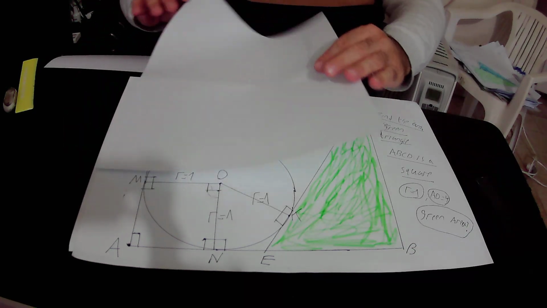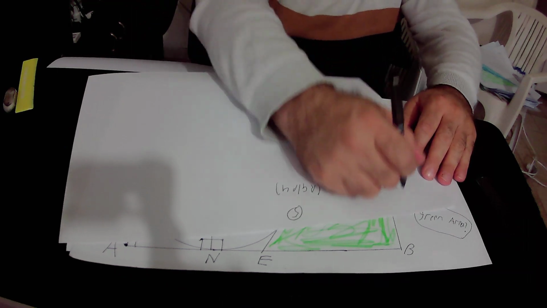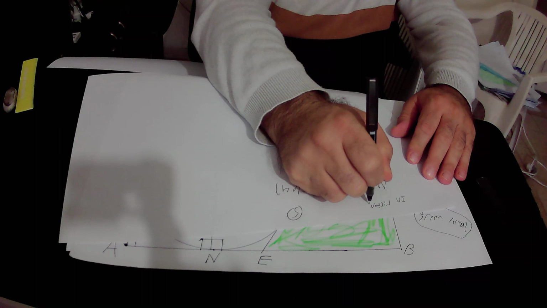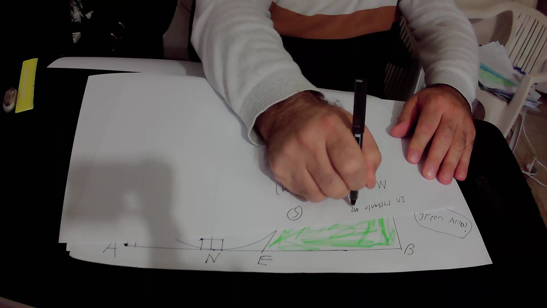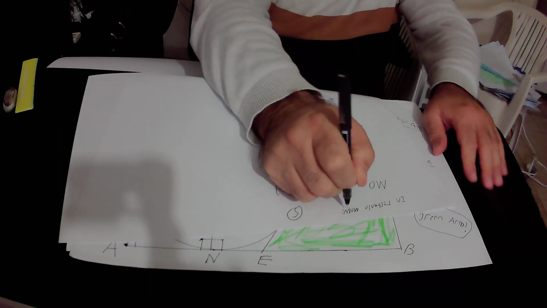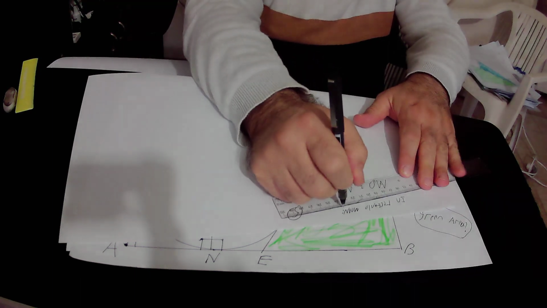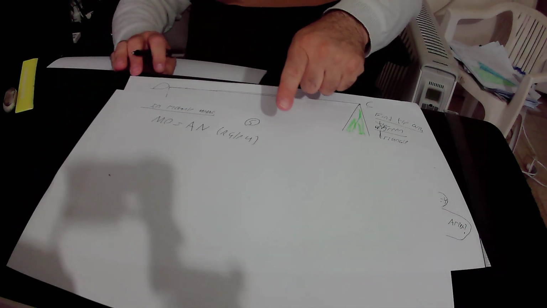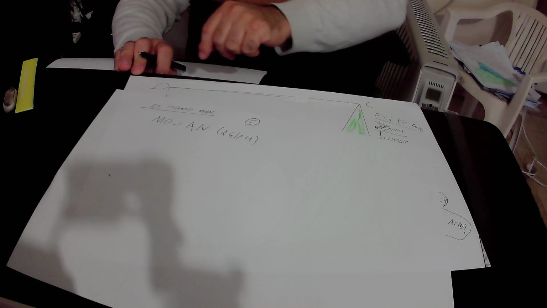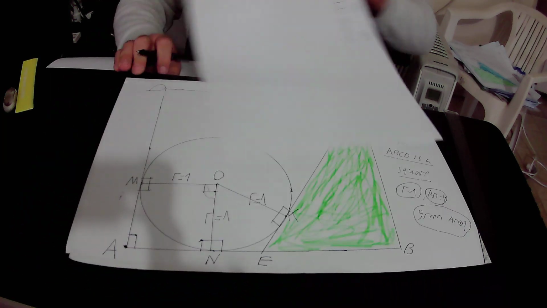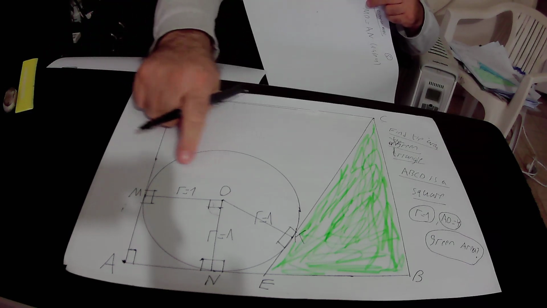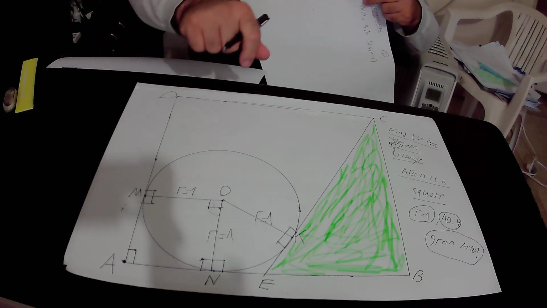So in rectangle MOAN, according to rule number 4, MO must be equal to AN. Okay? But it is given in the question that MO equals 1 unit. It is the radius of this circle.